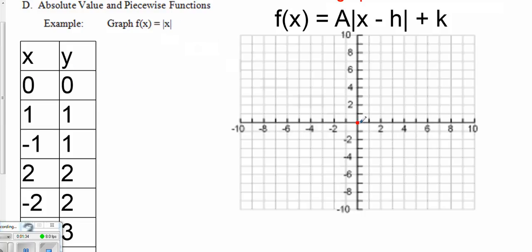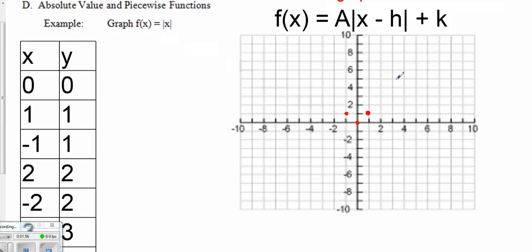So we'd have this point 0, 0. If you were to plug in 1 right here, the absolute value of 1 is 1. So we would go right here. At the same time, if you plugged in -1, the absolute value of -1 is also 1. So it's going to look like this.